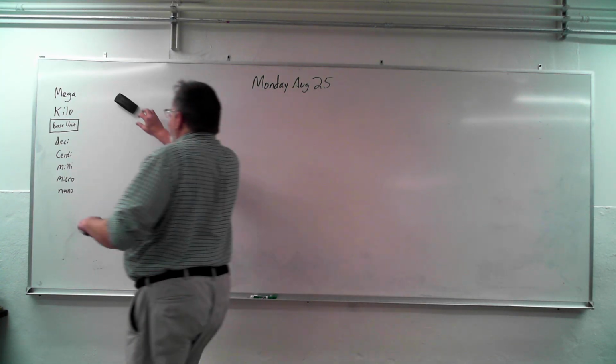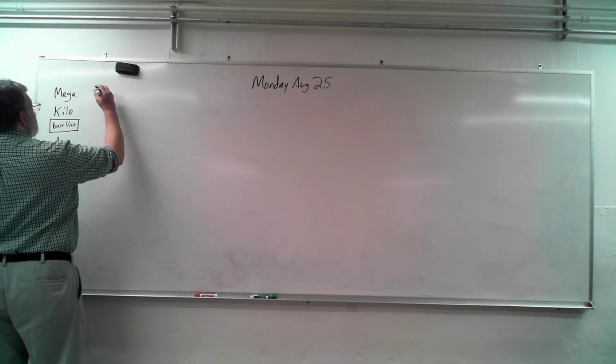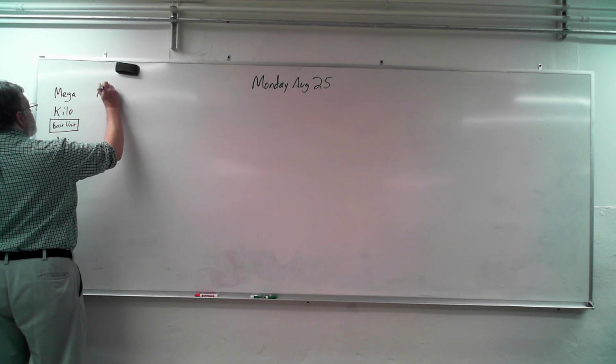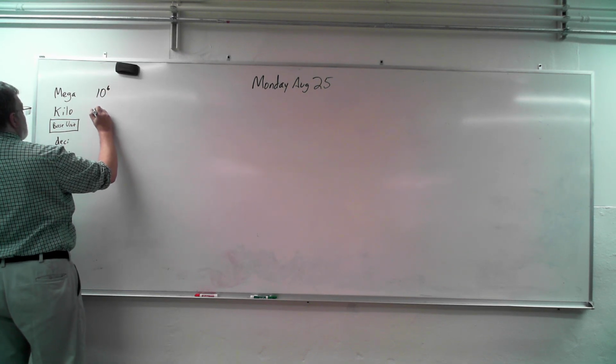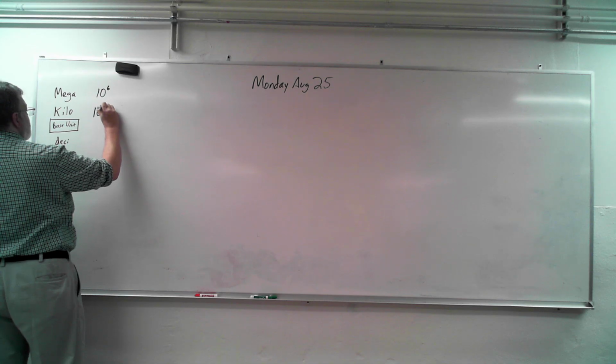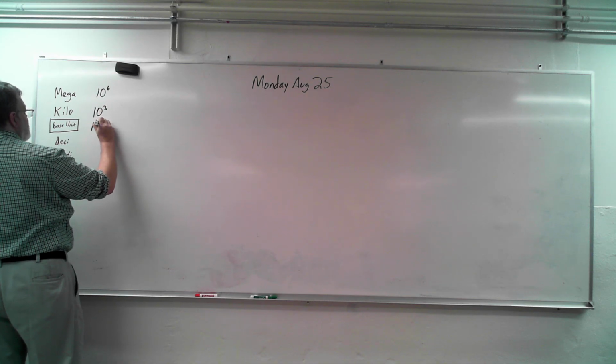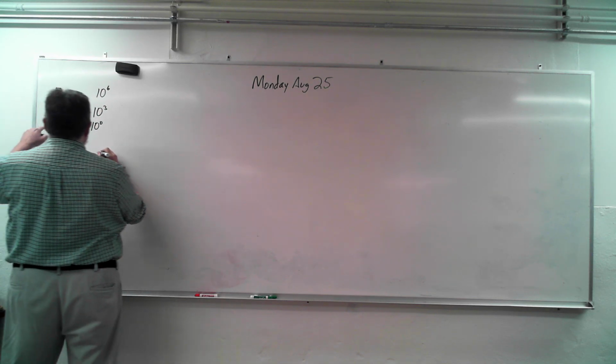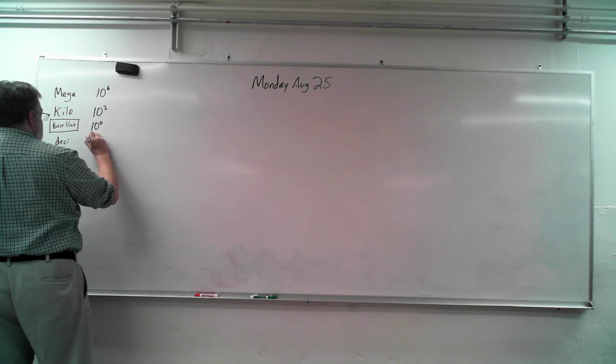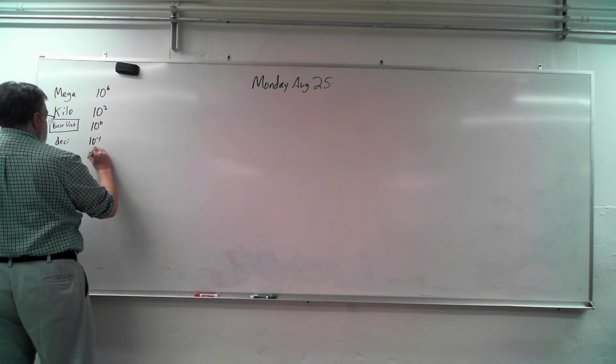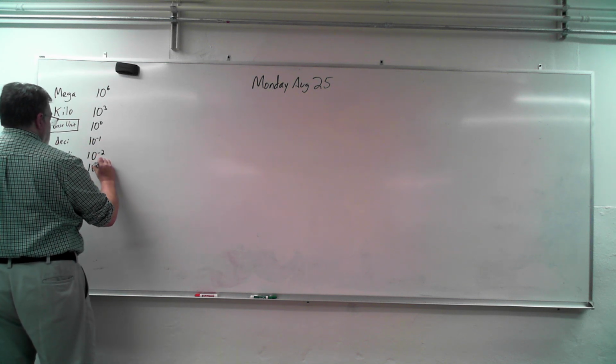So if you look at that list, you'll see numbers. This one is 10 to the 6, 10 to the 3. I'll say 10 to the 0 here for the base unit. And then deci is 10 to the -1, 10 to the -2.